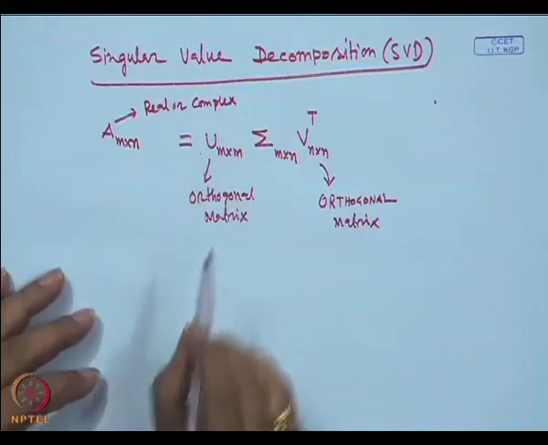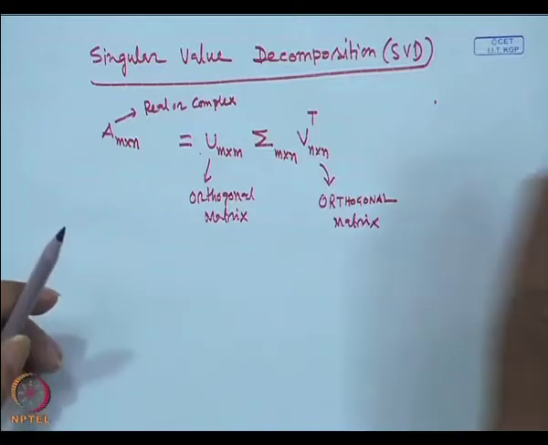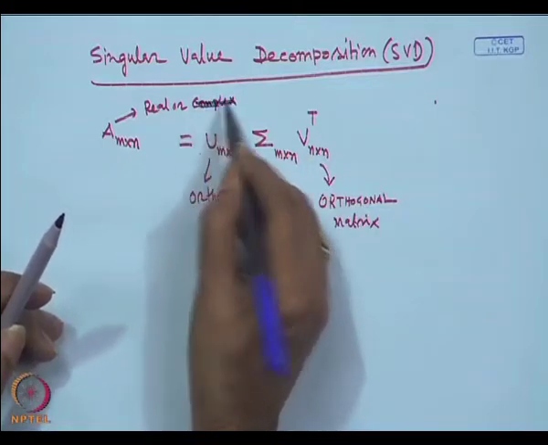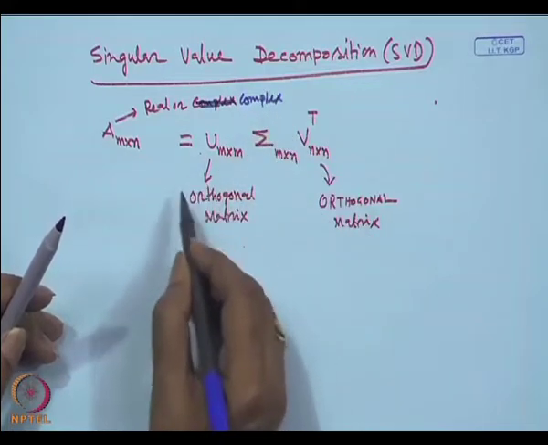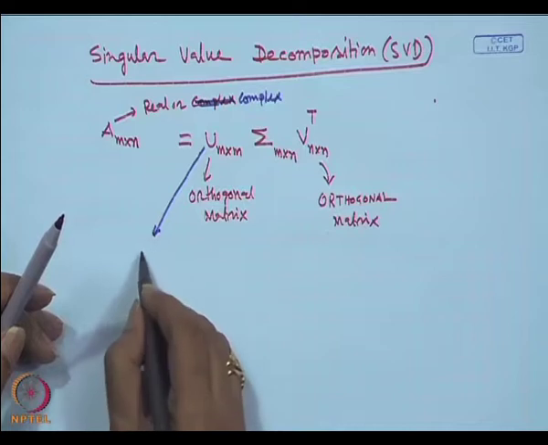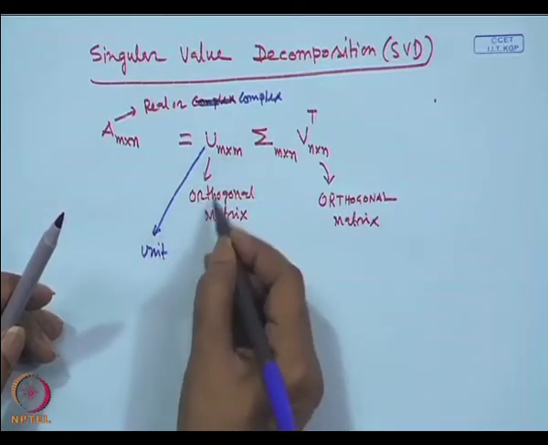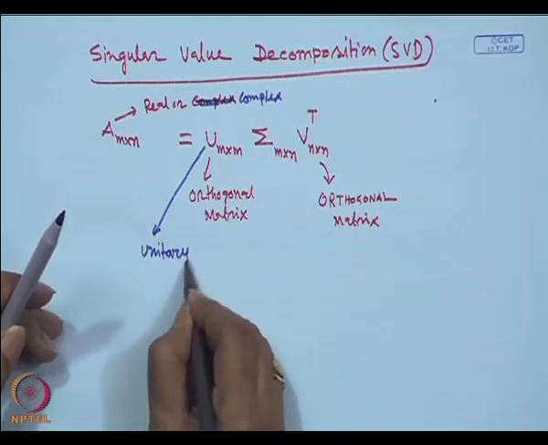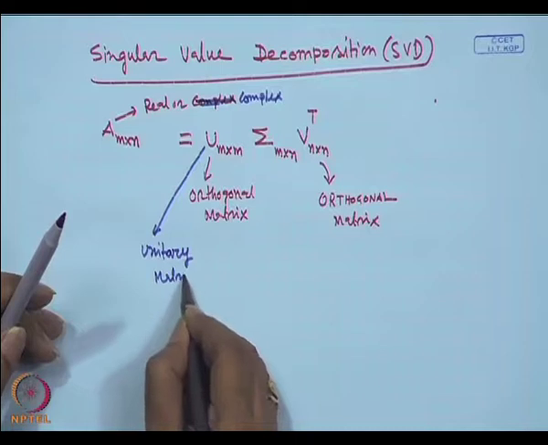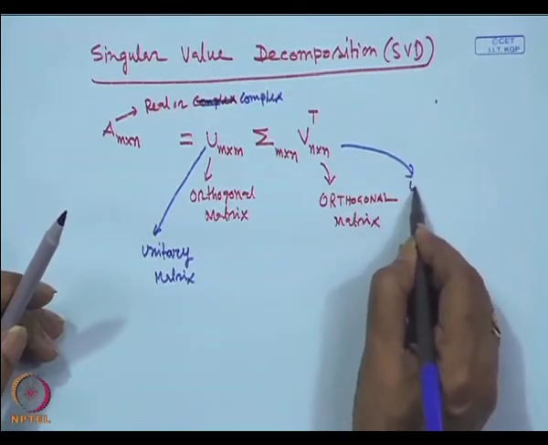But if it is a complex matrix, then U will be a unitary matrix. For a complex matrix, instead of orthogonal matrix, to differentiate, it is a unitary matrix, and V is also a unitary matrix.